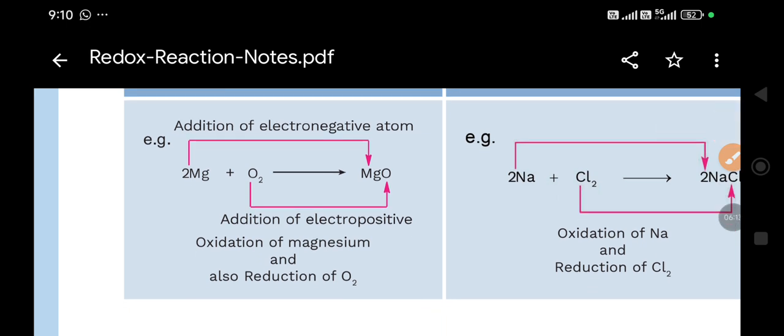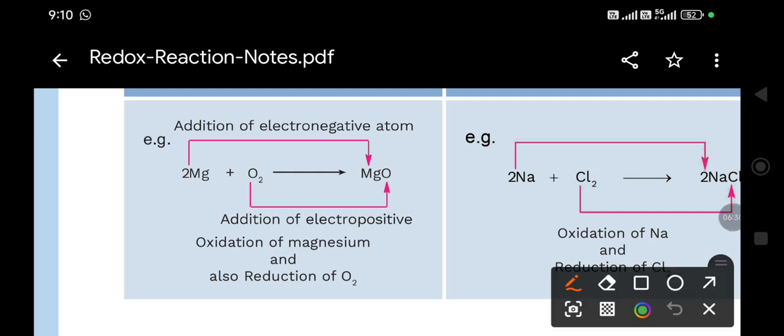Now in terms of electronegative atoms, if you see 2Mg plus O2 giving 2MgO, the electronegative element oxygen is added to magnesium to form magnesium oxide.